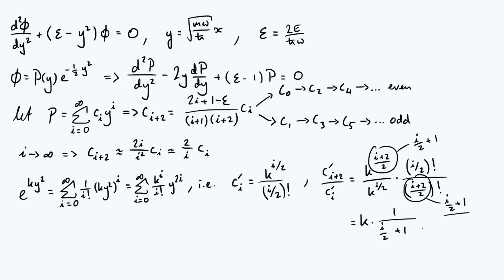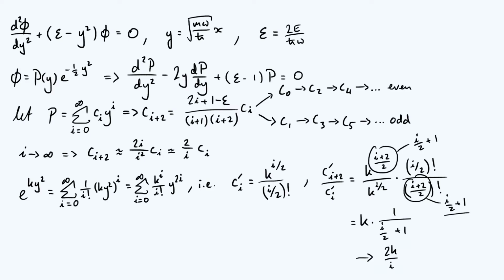And then as I goes towards infinity, this tends towards k times 1 over I over 2, which is the same as 2k over I. So the behavior of the series expansion of e to the ky squared when I gets very large, which is relevant when y is very large because the largest powers of y will dominate there, gives you this recurrence relation where the ratio of c_(I+2) to c_I is 2k divided by I.